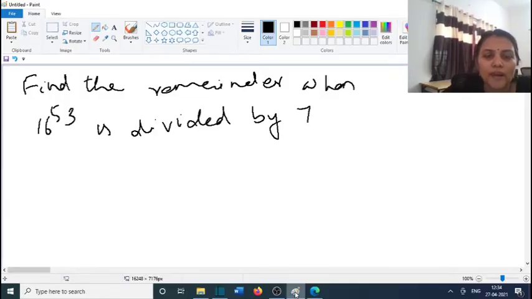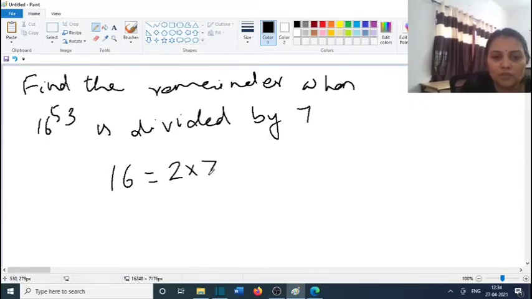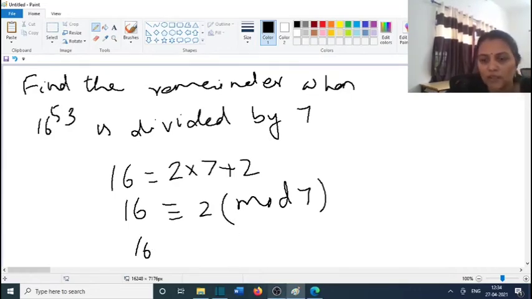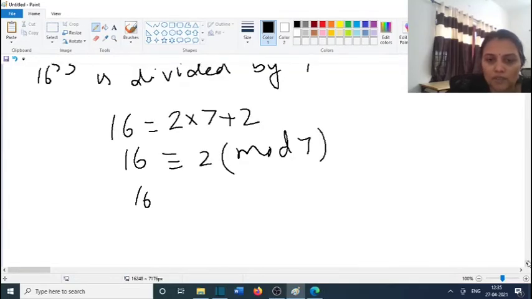Next problem, find the remainder when 16 raised to 53 is divided by 7. 16 is equal to 2 into 7 plus 2, that is, 16 is congruent to 2 mod 7. Now we have to get a 1 value on the right side, 1 mod something.